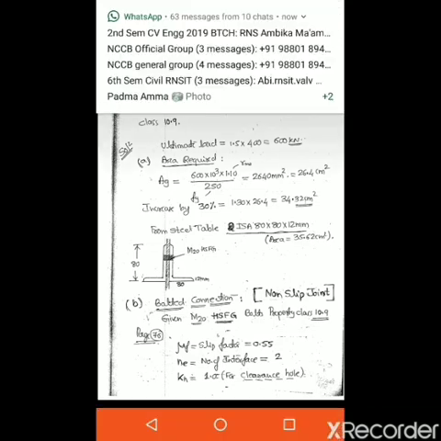Always the trial section we choose must be more than the required area. The required area is 34.32, but from the trial section we get 35.62 centimeter square.